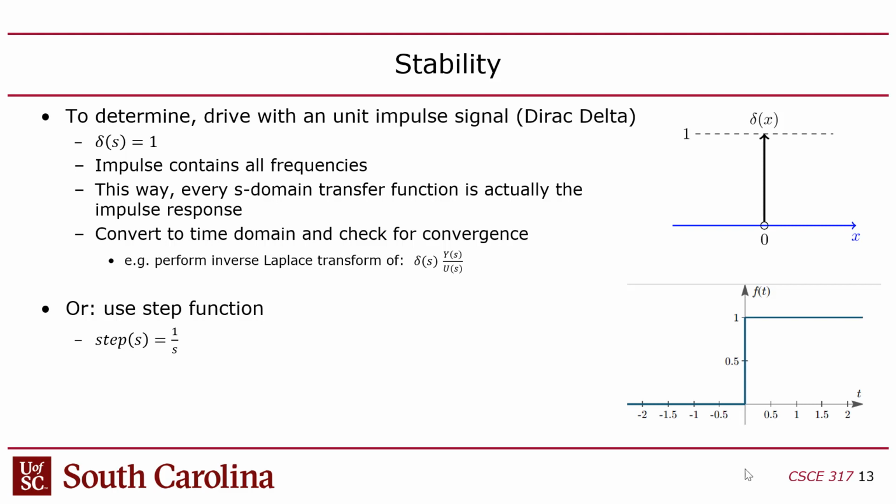Then there's a step function, which is 0 for any negative input and 1 everywhere else. So it's a step, right? The step function is good too because it also contains all the frequencies, all the sinusoids. However, it's a little more complicated than the impulse because it has its own transfer function of 1 over s. So a lot of people just use the impulse instead of the step, but I think they're equivalent for determining stability.